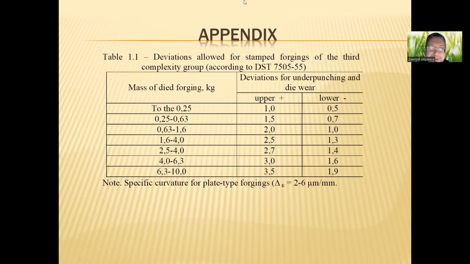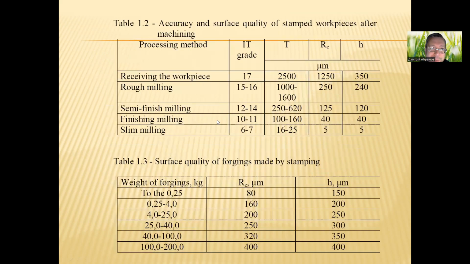And on the next slides, you can see the appendix with table 1.1, deviations allowed for stamped versions of the third complexity group. Table 1.2, accuracy and surface quality of stamped workpieces after machining.